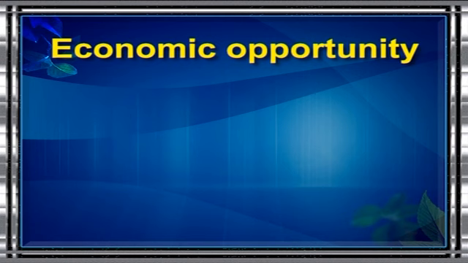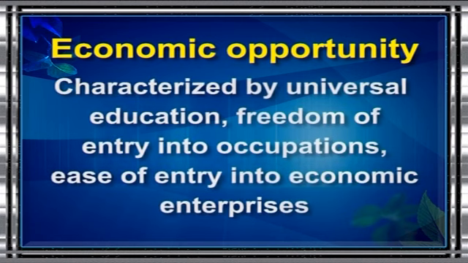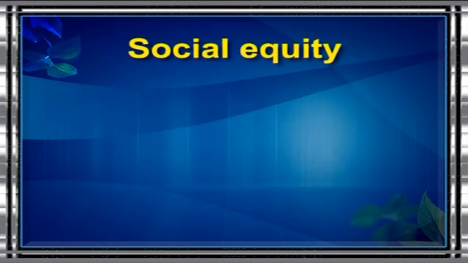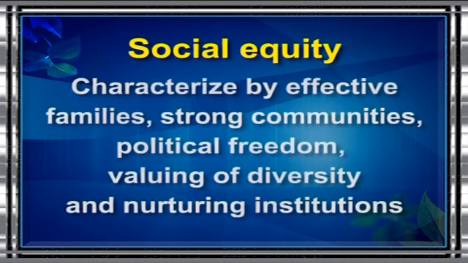Next, economic opportunity, characterized by universal education, freedom of entry into occupation, ease of entry into economic enterprises. Next is social equity, characterized by effective families, strong communities, political freedom, valuing of diversity and nurturing institutions.